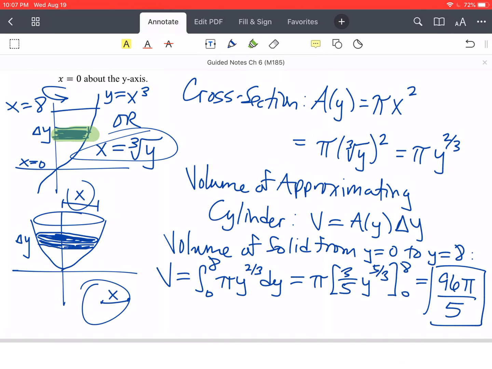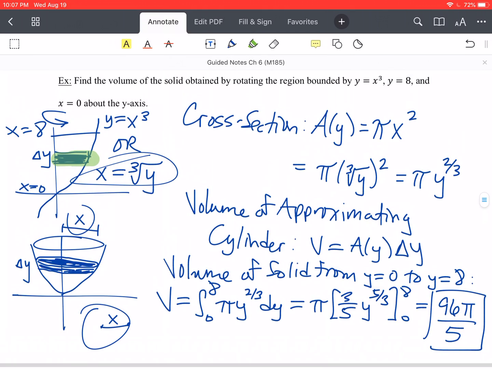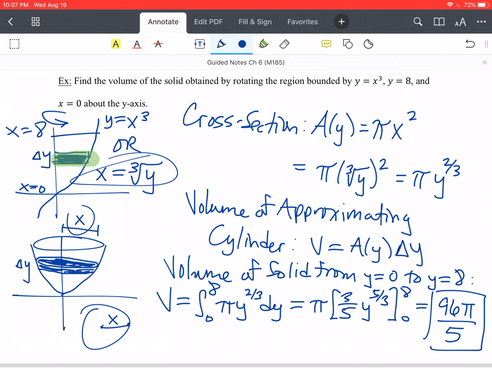All right, so if you're wondering, I didn't like that switch from a function of x to a function of y, can I just do it the other way? Well, not easily. Not easily at all. In fact, I would say at this level, that's probably not going to be possible because we're rotating about the y-axis here.